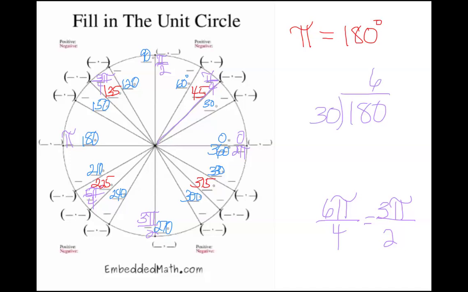So 30 degrees is pi over 6. Since 30 degrees is 1/6 of 180, then 30 degrees is 1/6 of pi. So that is just pi over 6.